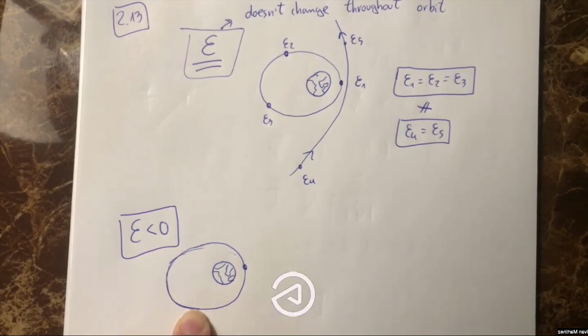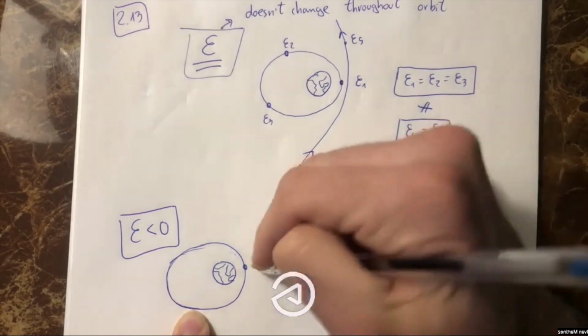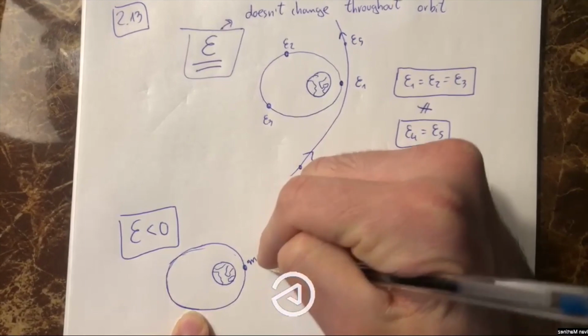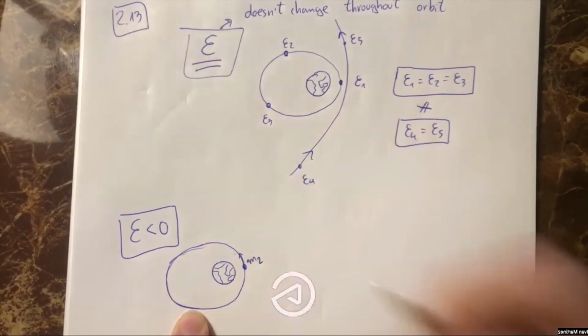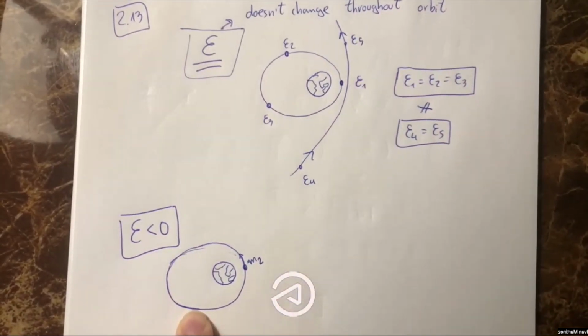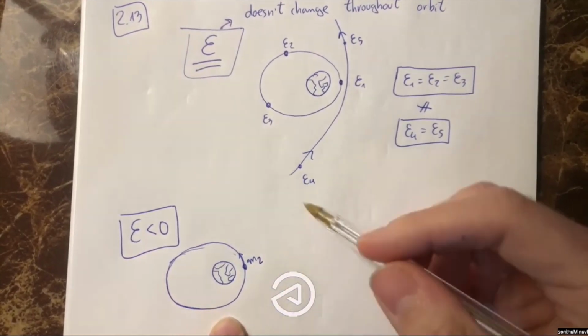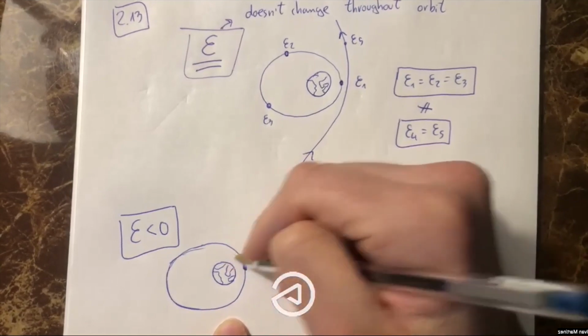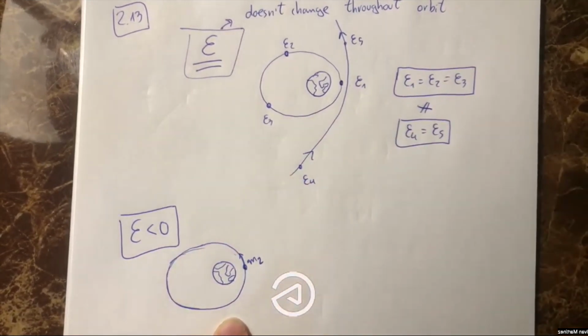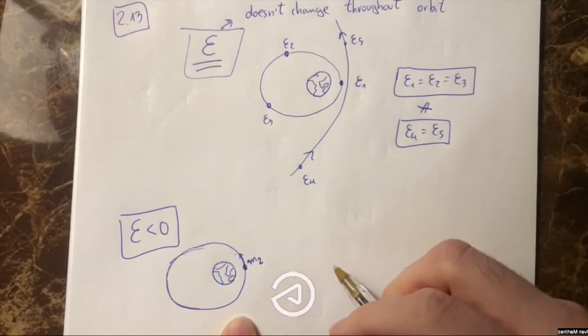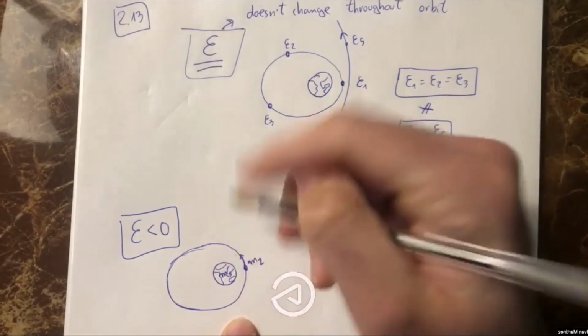Show that M2 cannot move outside of, so this will be M2 orbiting, and show that M2 cannot move outside a sphere. So we're looking at, this is M1.